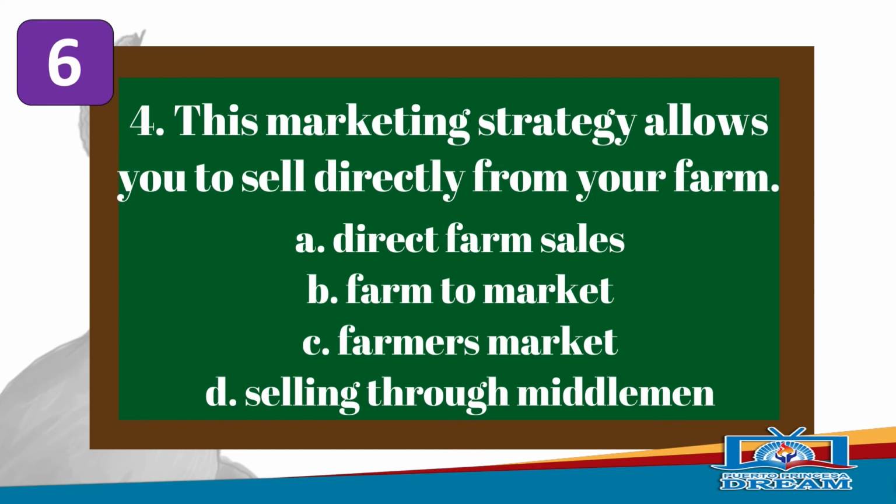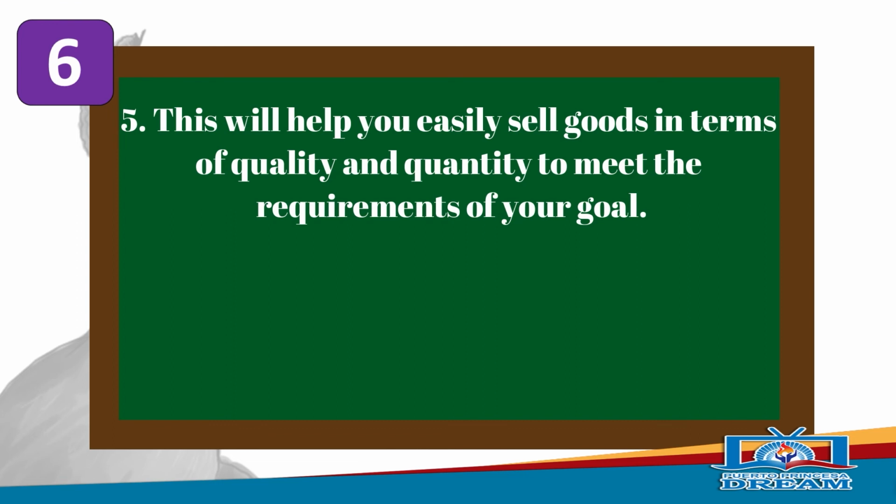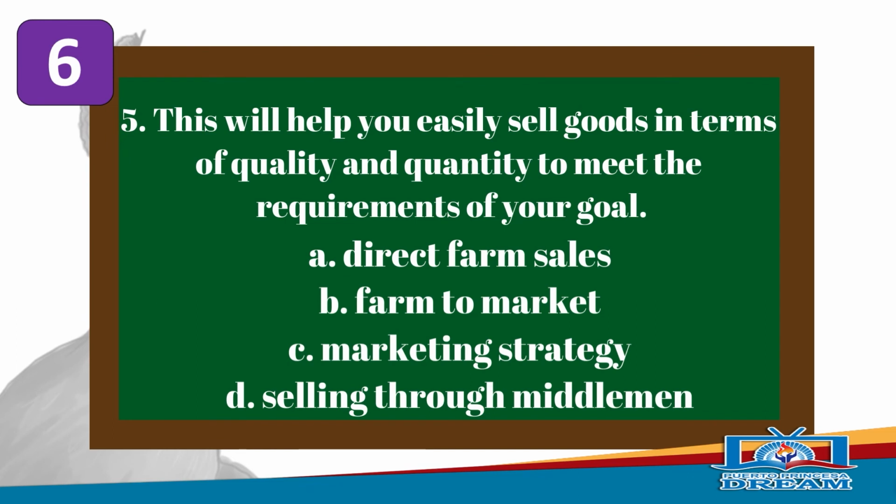Last item, number 5. This will help you easily sell goods in terms of quality and quantity to meet the requirements of your goal. Is it A. Direct farm sales, B. Farm to market, C. Marketing strategy, or D. Selling through middlemen?